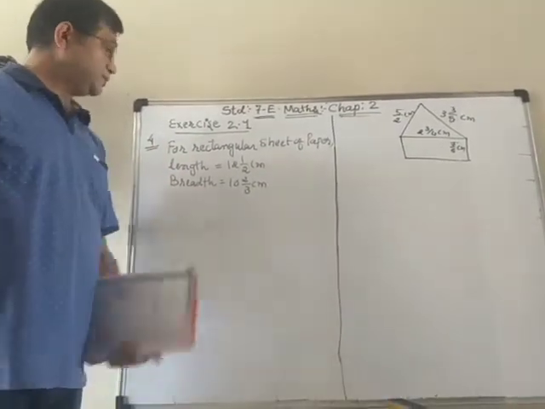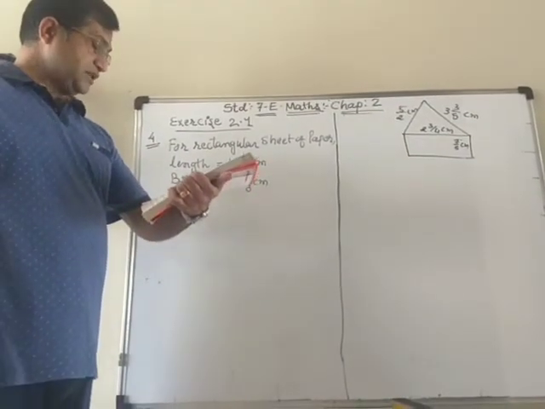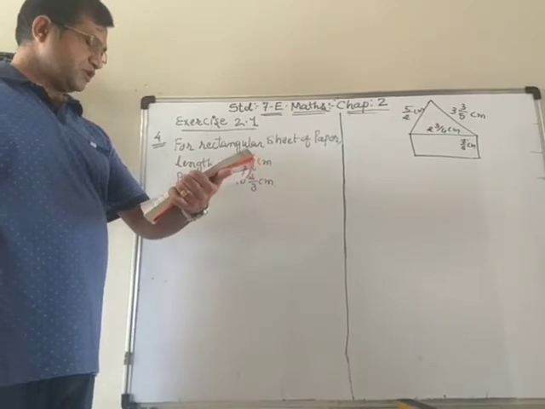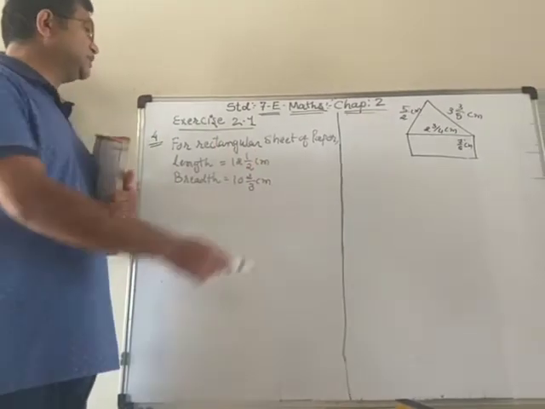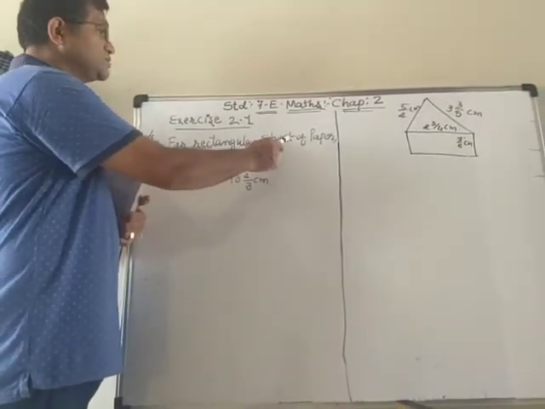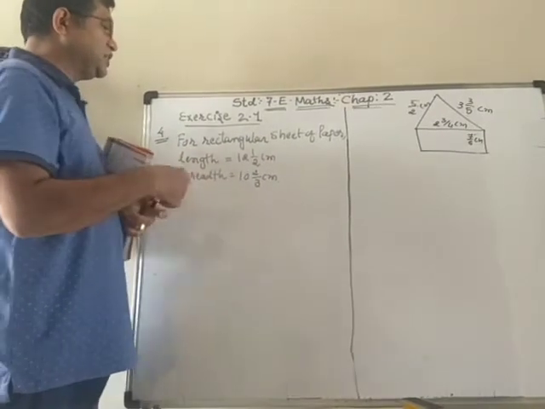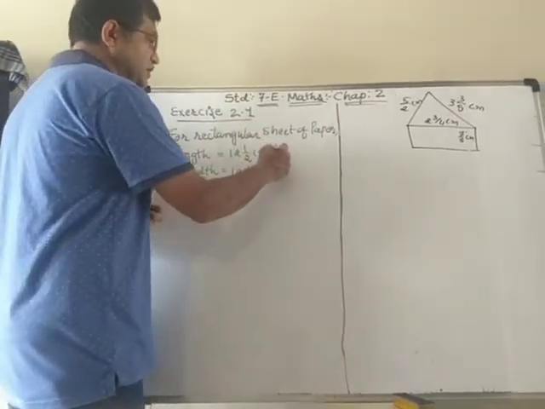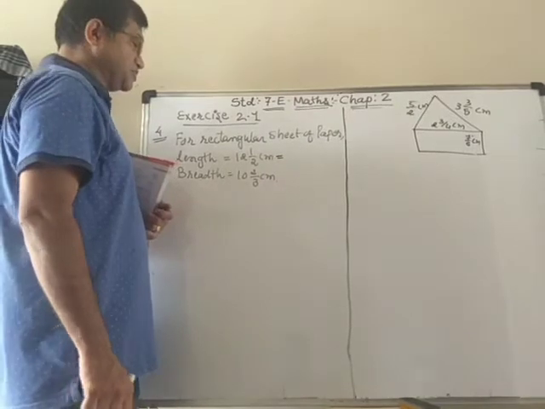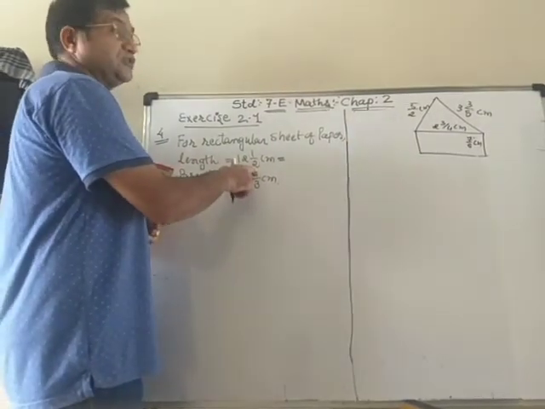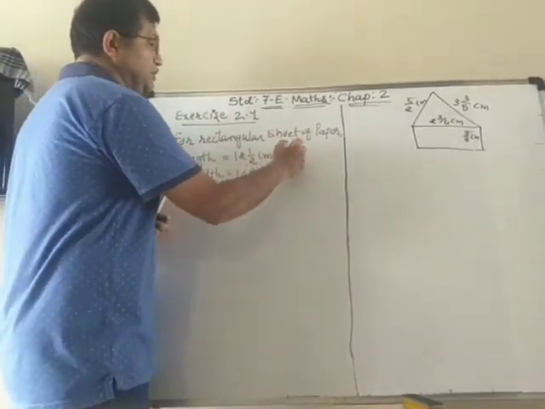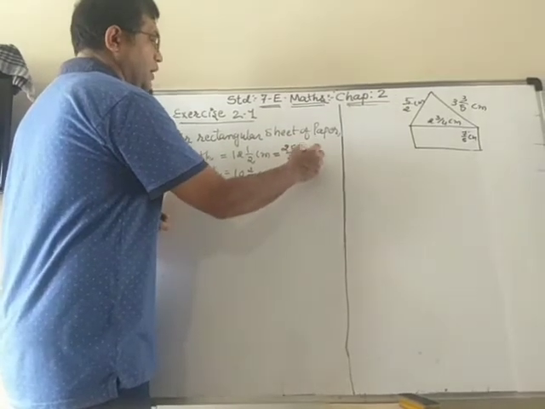Now question 4. A rectangular sheet of paper is 12 integer 1 by 2 centimeter long. It means that the length of the sheet of paper is given as 12 integer 1 by 2 centimeter. We can convert it into a mixed fraction. So 12 times 2 is 24 plus 1, 25 upon 2 centimeters.